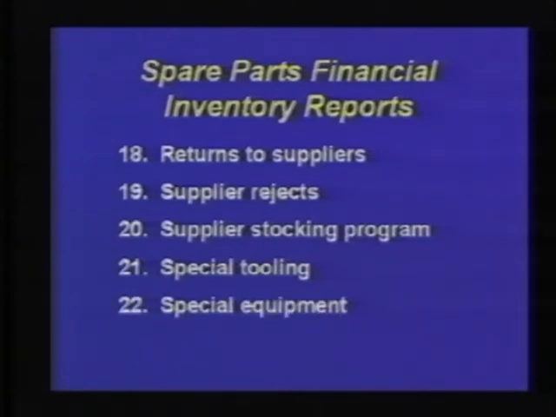And then 23 is another opportunity for you to add to this list of financial inventory reports for spare parts and other items generally found in the storeroom. Now, the next exhibit, page number 6, is addressing the items relative to work order costs.